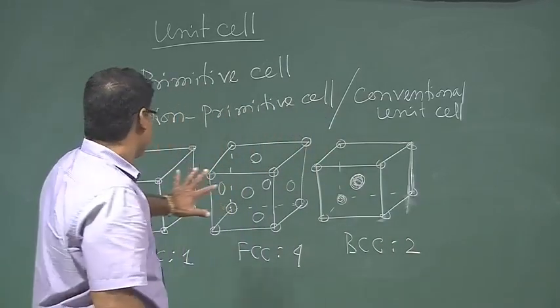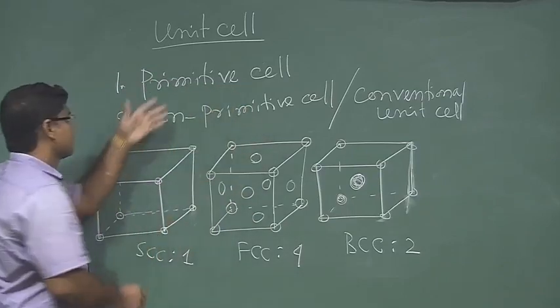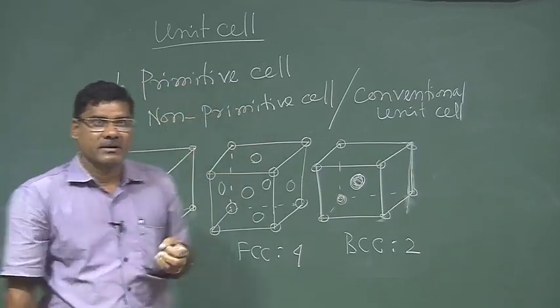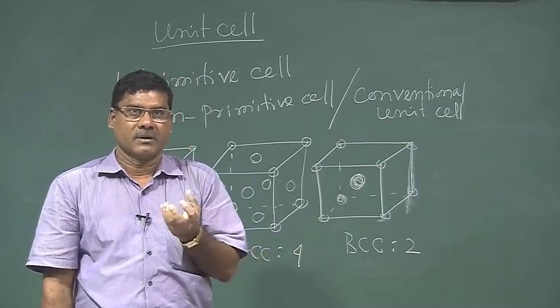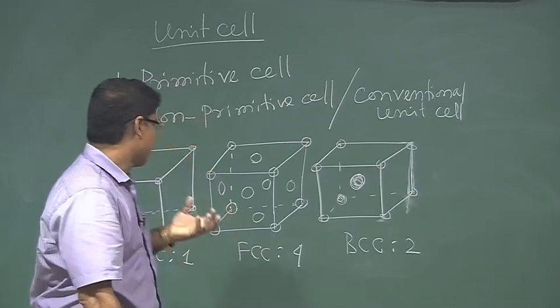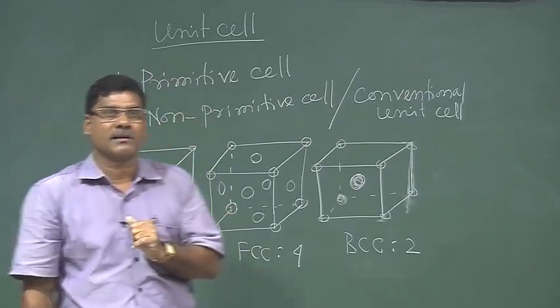So what is a primitive cell and what is a non-primitive cell? A primitive cell is defined as the smallest volume of a unit cell which has 1 lattice point per unit cell.